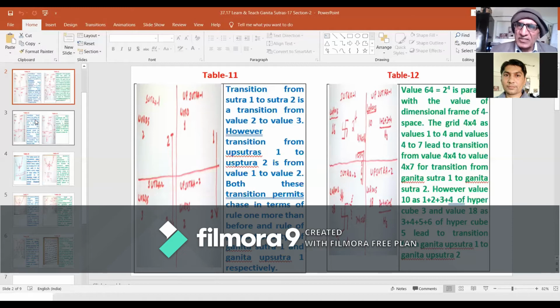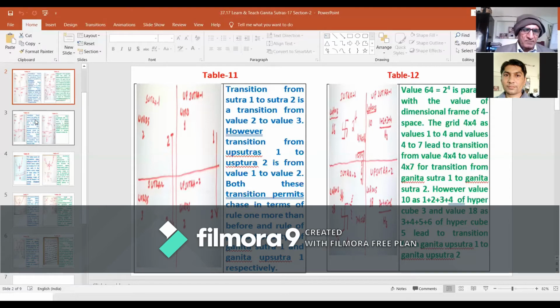Once these features will be firmly imprinted in the memory, then in that background, it will be easy to have a comprehensive view of both these features together and further features as well.